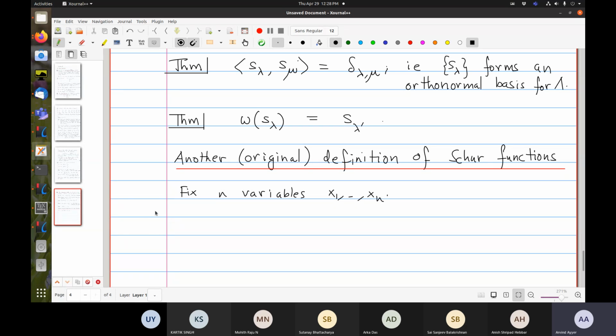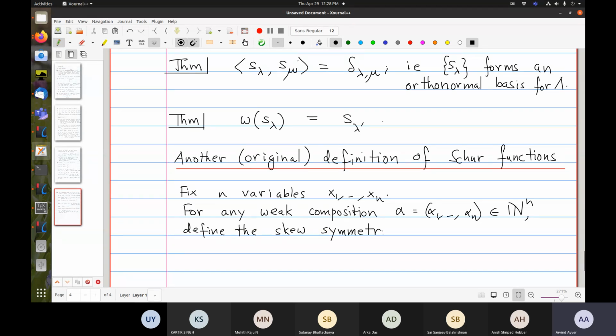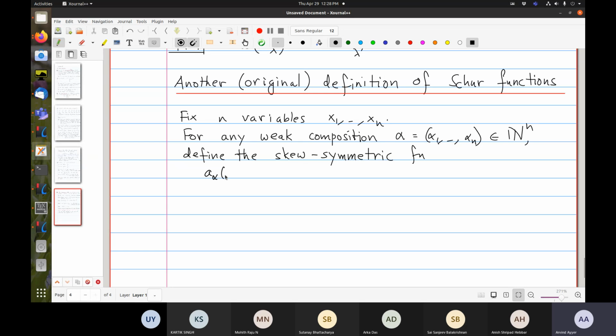For any weak composition alpha which has n indices, so it belongs to N to the n, define the skew symmetric polynomial a alpha of x1 up to xn to be the sum over all pi in Sn, the symmetric group, of the sign of pi times x pi 1 to the alpha 1, x pi 2 to the alpha 2, etc., x pi n to the alpha n.